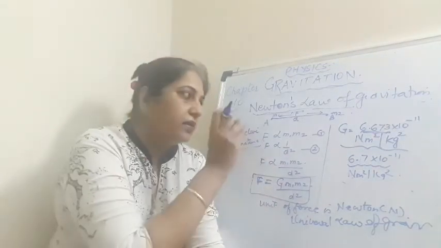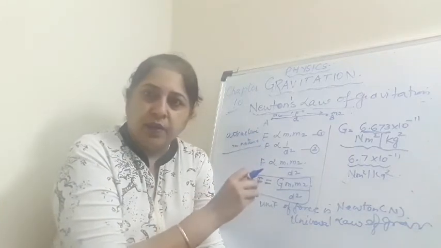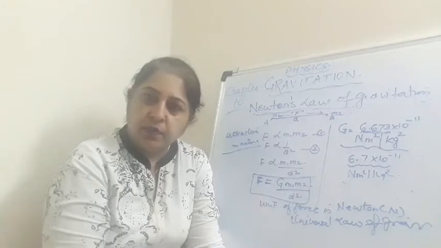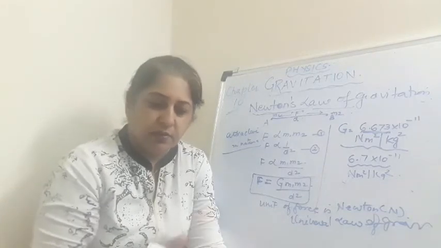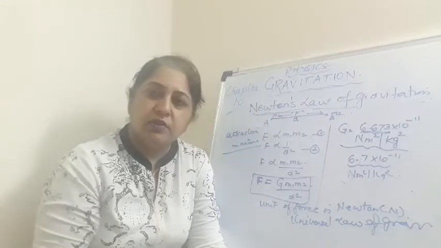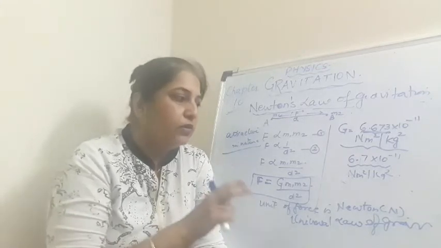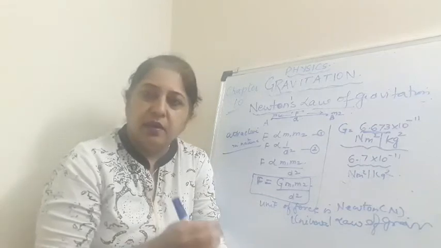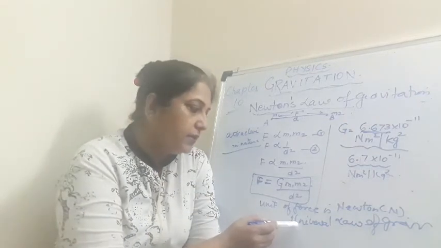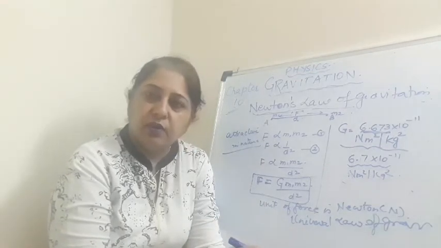Because this law is applicable everywhere in the universe. So this can be one question: why is Newton's law of gravitation also called the universal law? Because it is applicable in every part of the universe. Therefore, we call this law the universal law of gravitation.